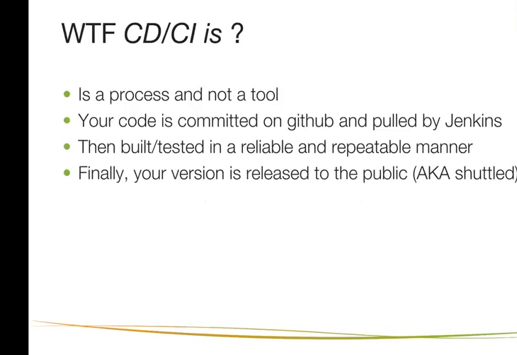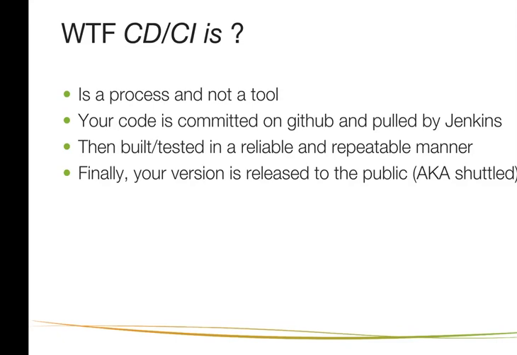So what exactly is continuous integration? It is a process, not a tool. Your code is committed on GitHub, pulled automatically by Jenkins, and built and tested in a reliable and repeatable manner.